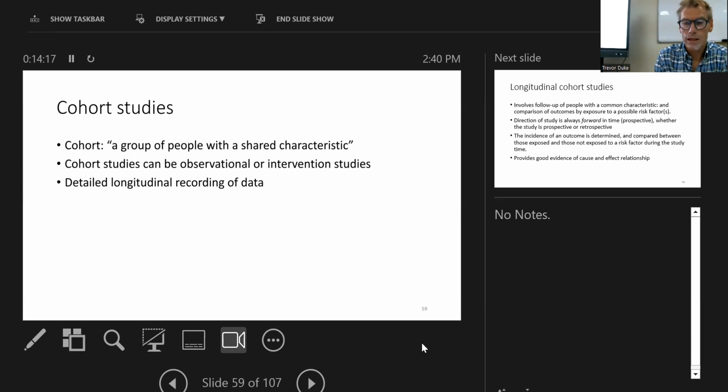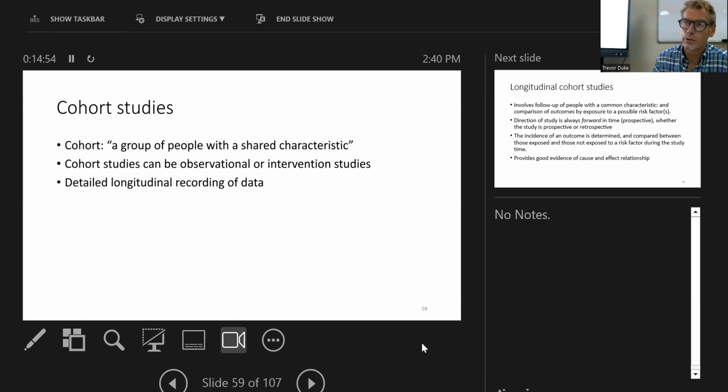They can be just observational, where you observe a cohort over a long period of time and find out what happens to them, or they can be interventional studies where you might intervene partway through the cohort, or there might be a series of interventions, exploring whether or not there's a change in the outcomes that you're measuring in the particular cohort. But a cohort is always a detailed longitudinal recording of data, right?